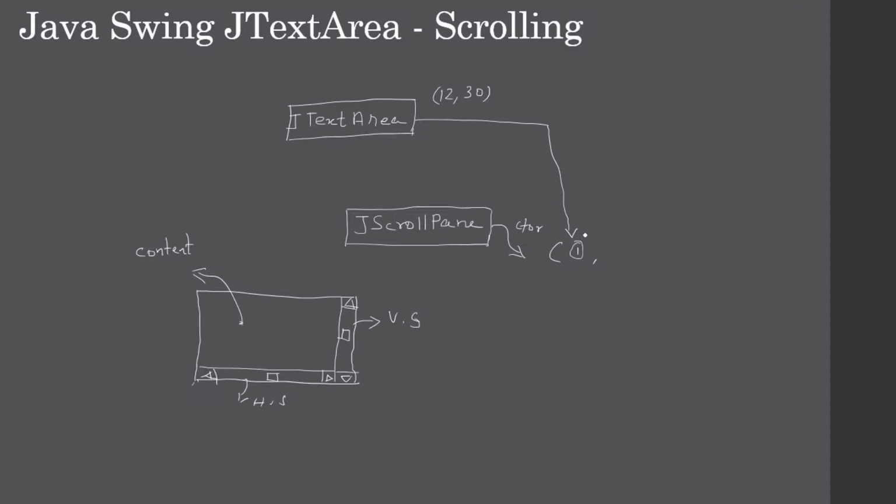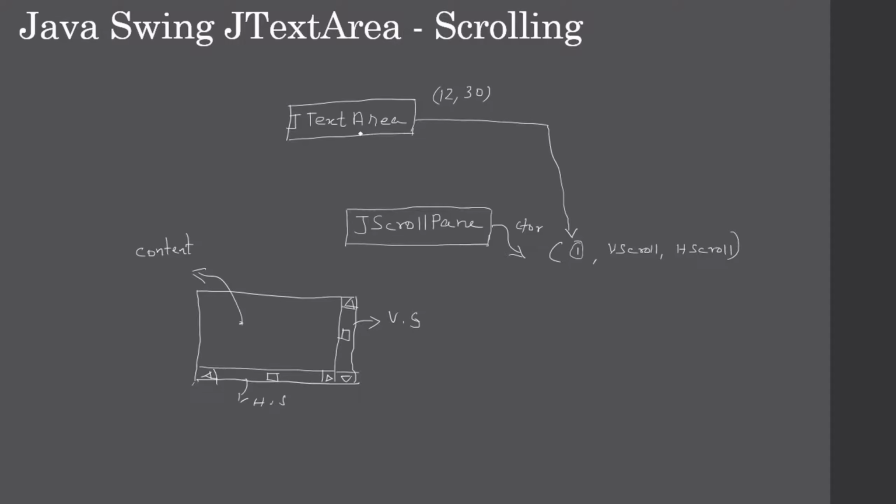Then as part of the second and third parameters, we can provide the requirement for scrolling. The second parameter will provide the requirement for vertical scroll, and the third one will provide the requirement for horizontal scroll. Using these parameters, we can specify how we want to handle the vertical and horizontal scrolling.